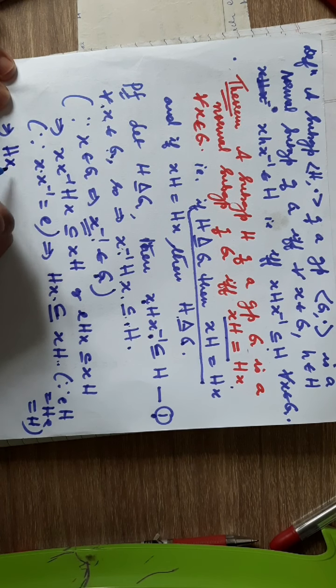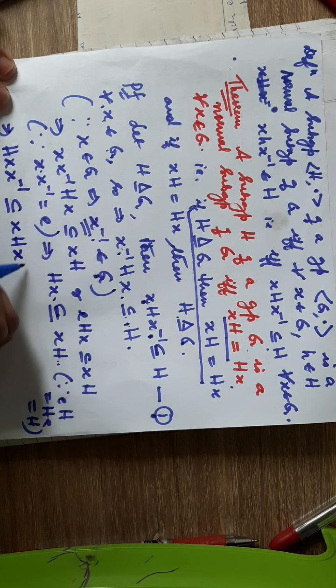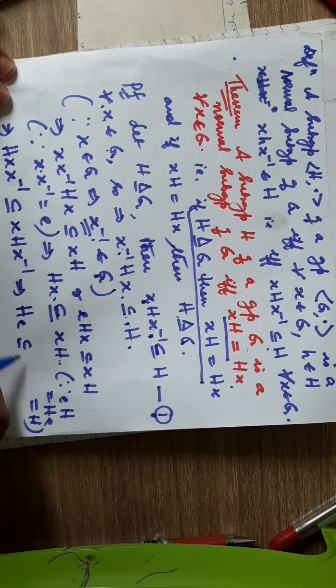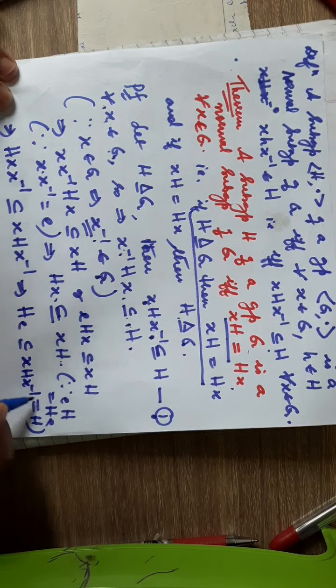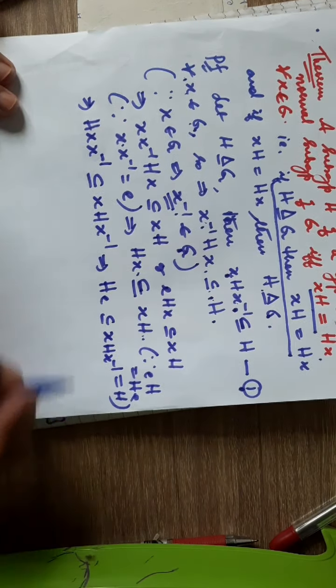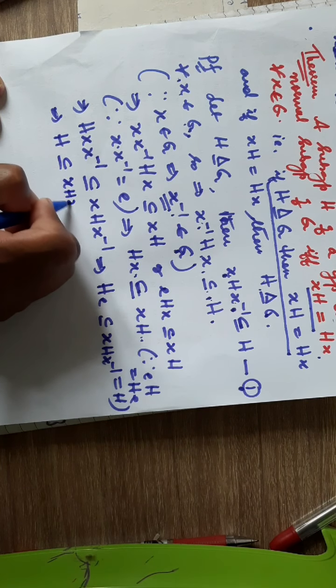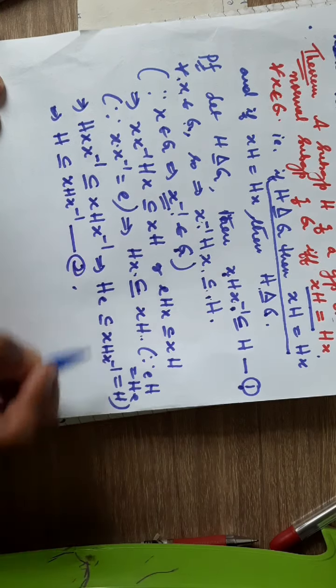So this implies that Hx x inverse is contained in xH x inverse, which implies that He is contained in xHx inverse. And this implies that H is contained in xHx inverse. Name this as equation 2.